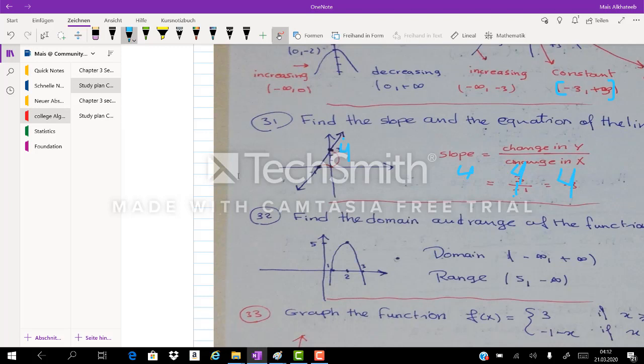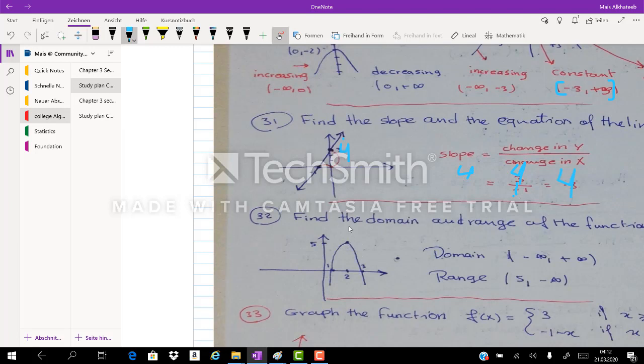Now, they ask us to find the domain and range of this function. As we see, the domain of this function will be minus infinity to plus infinity. And the range will start from 5 and go down.